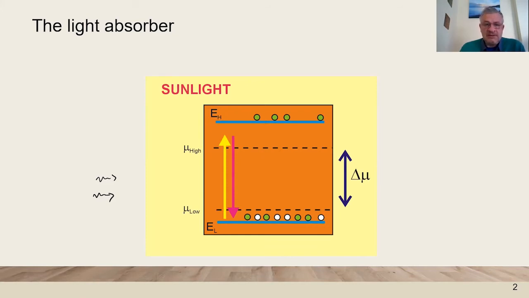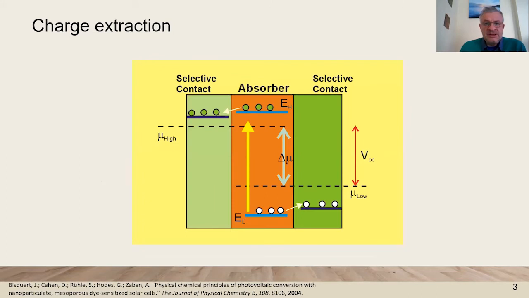So here the energy of the incoming radiation has been converted to excited electron hole pairs inside the semiconductor. Now comes the step of taking this energy of the excitation in the semiconductor to convert it to electricity that we can use freely outside.